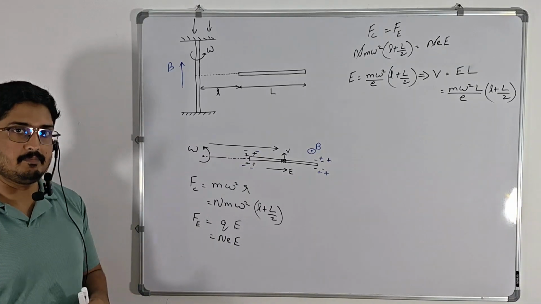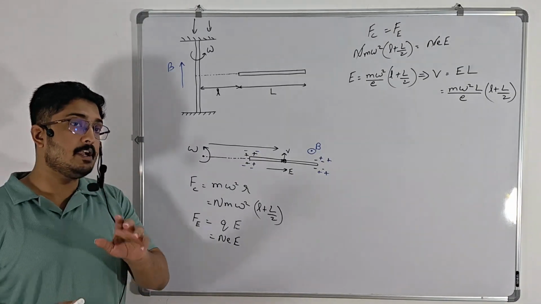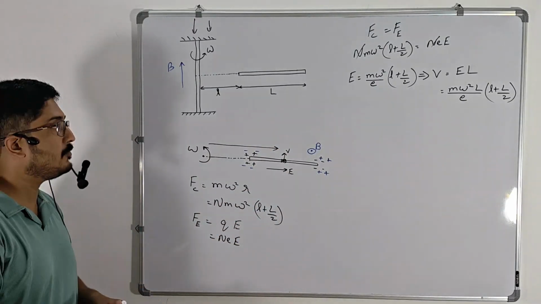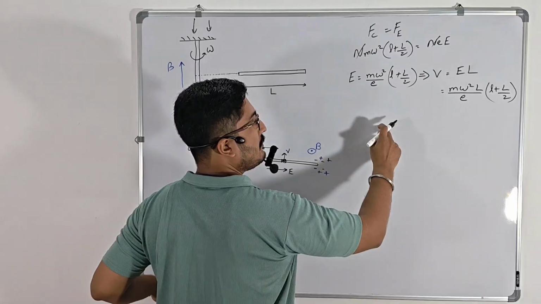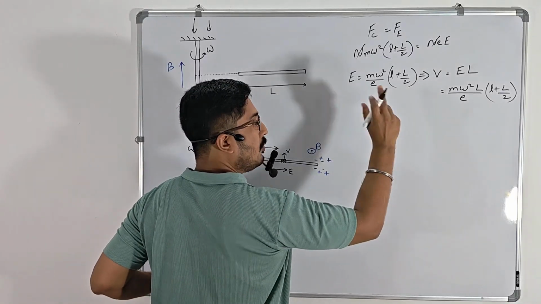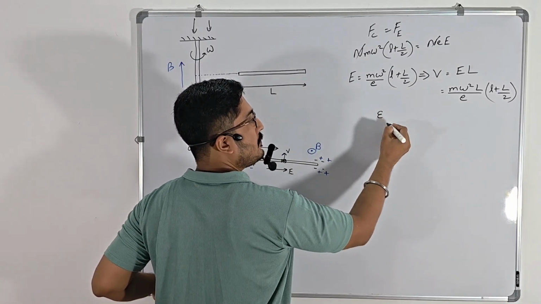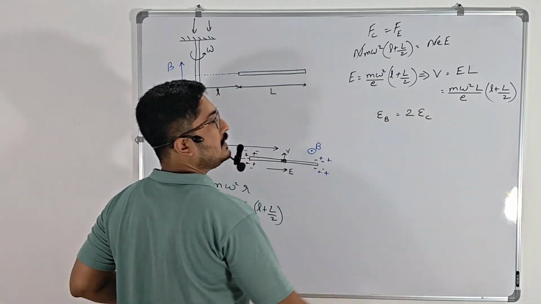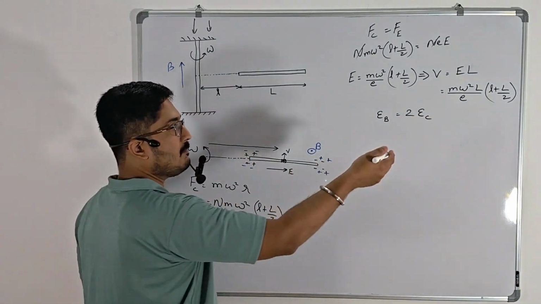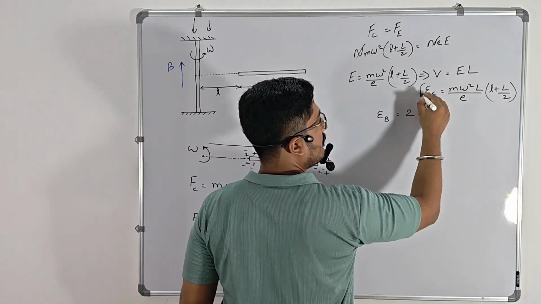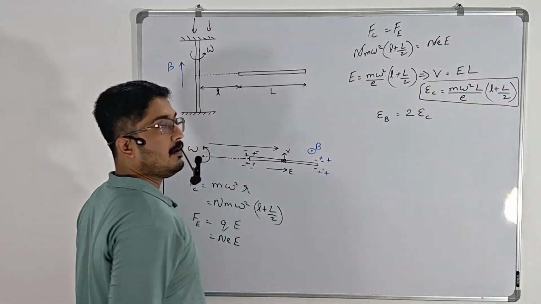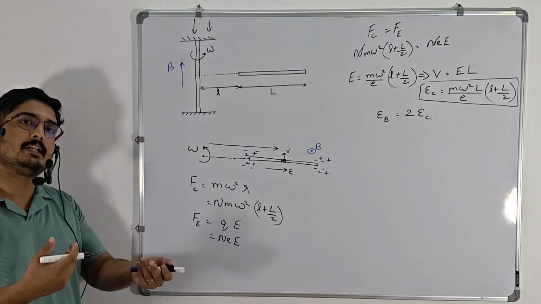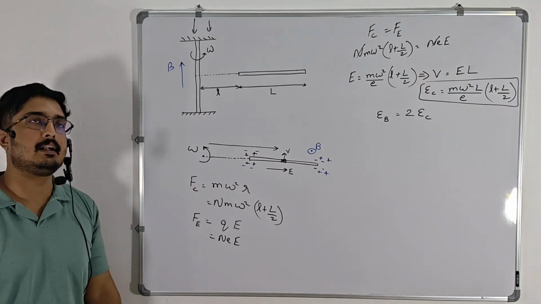If you think logically, the EMF induced by the magnetic field is opposite to the EMF induced by the centrifugal force. And this is the EMF produced by centrifugal force. My EMF by the magnetic field should be double of that, and then they'd cancel and I'd get that answer, right?